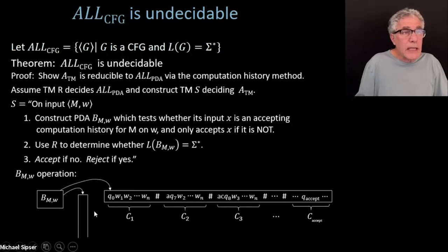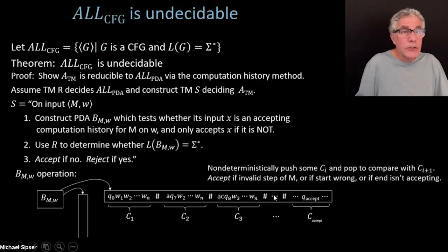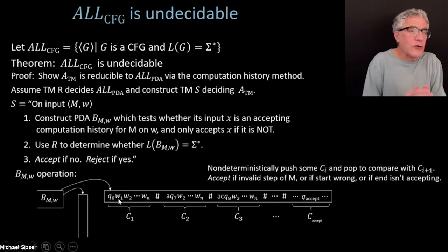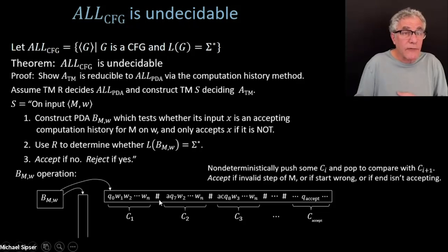So the PDA is going to be using its stack to compare each configuration with the next one. The way that's going to happen is it's going to non-deterministically take one of these things. So the very first thing it does, as before, is check to make sure that the beginning of the input is the start configuration. That's the easy part. But once we get going with that, we push each configuration.